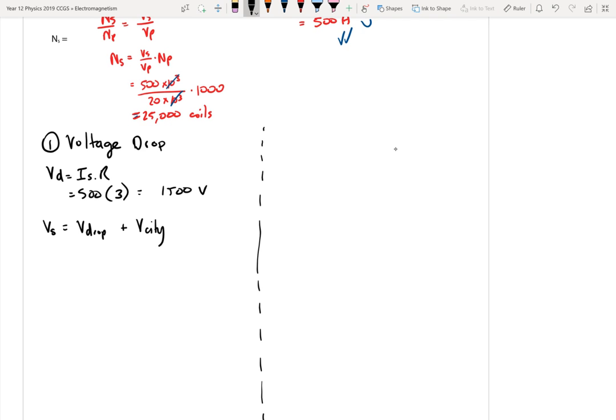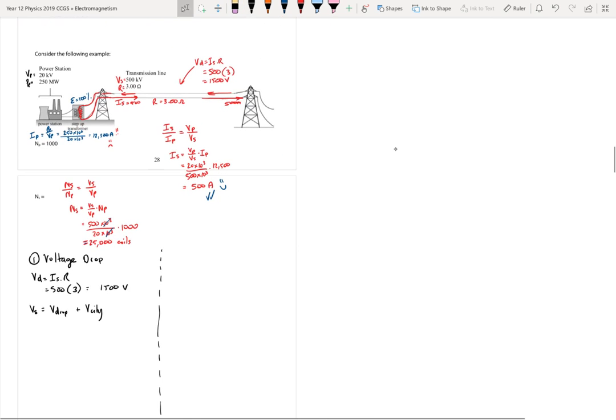So apologies, I'm just going to scroll back. We got to this part here. The city is over here. There would be a transformer here, and we would transform our energy down here. So we want to know what the voltage at the city is as it gets to that transformer.